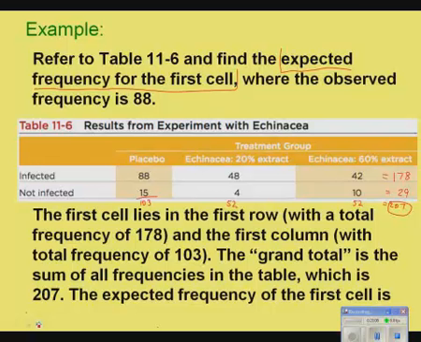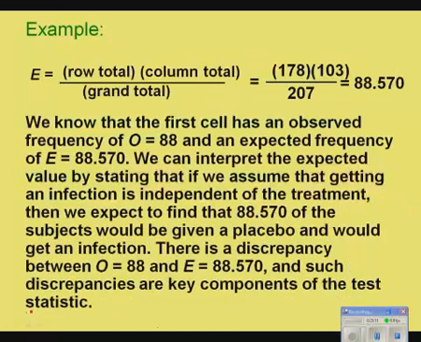Okay? And so, when you go to compute E for any one of the cells, that 207 is in the bottom. Now notice, to get it, we did row total times column total over 207. That was a real fast way to do this.